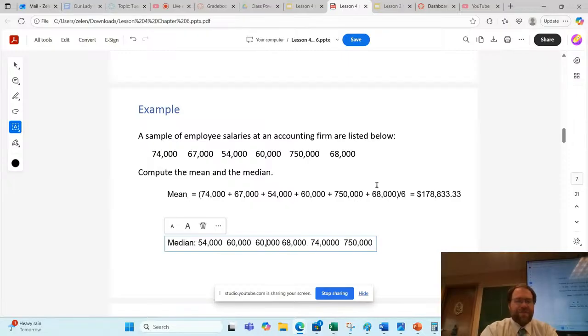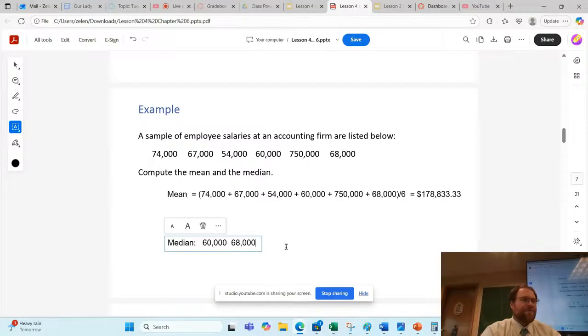And then we start crossing off extremes. So 54 can go, 750 can go, 60,000 can go away, 74,000 can go away. We're left with 2. Add them up, divide by 2.